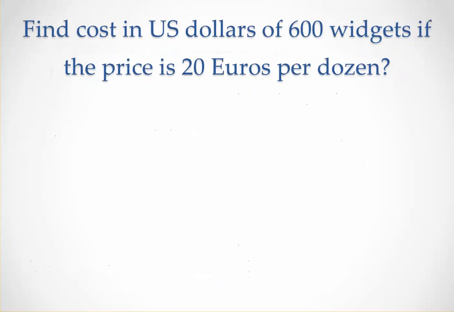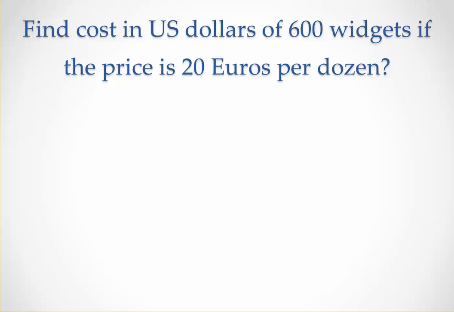The next problem is going to have us convert a series of starting units to a price in euros. So here we have find the cost in US dollars of 600 widgets if the price is 20 euros per dozen.